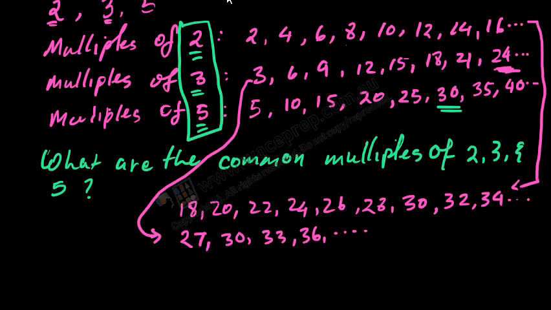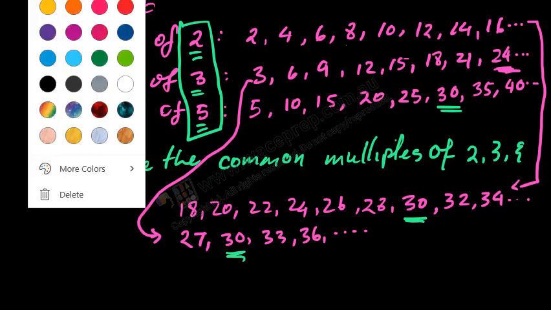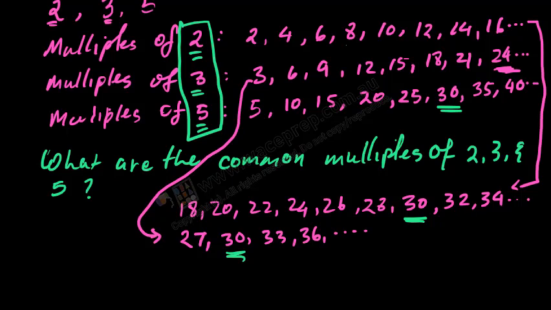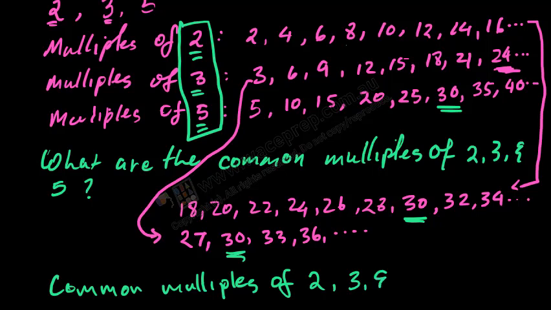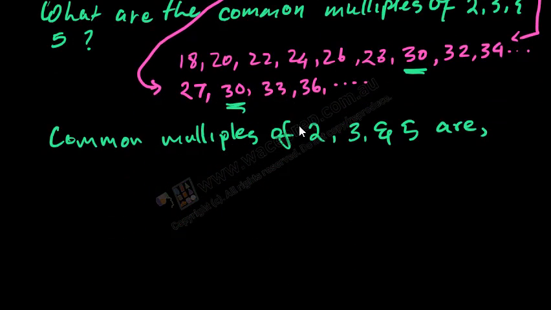So we know now that the number 30 is common between 2, 3 and 5. So our answer would be, the common multiples of 2, 3 and 5 are, what are these numbers? So we can just say it's 30.